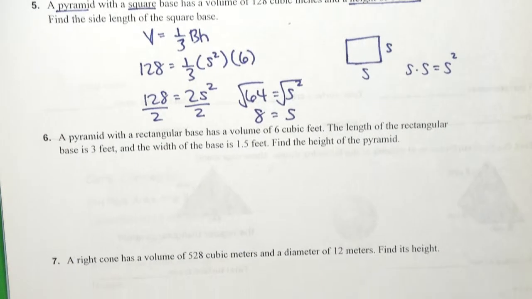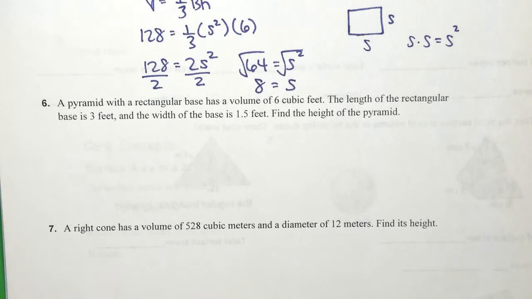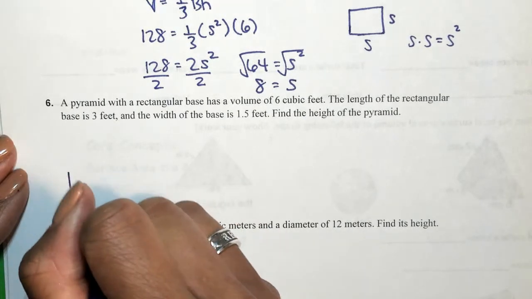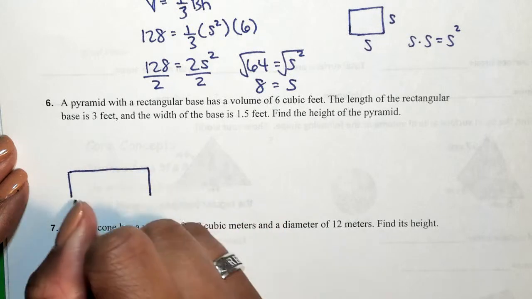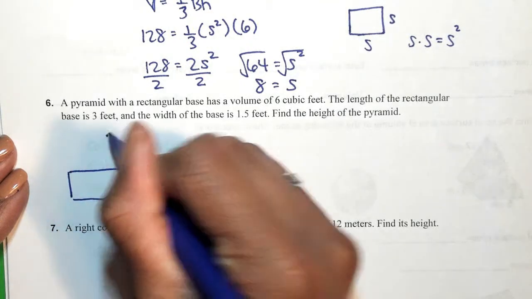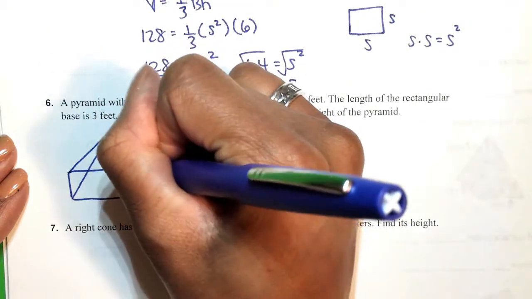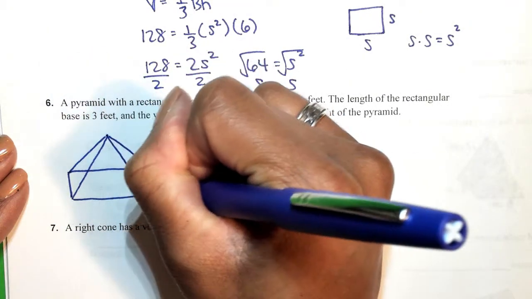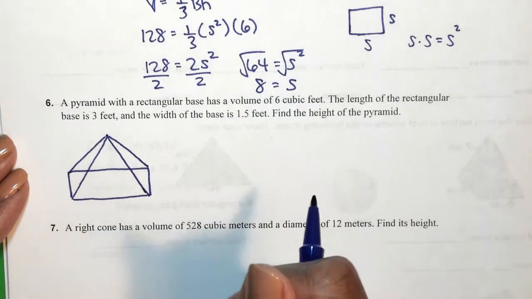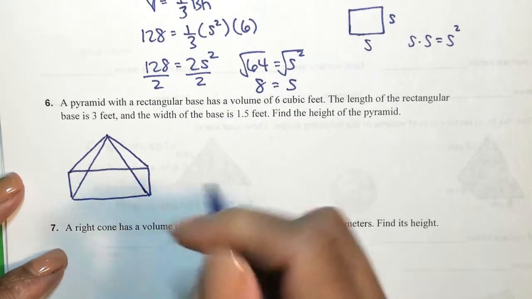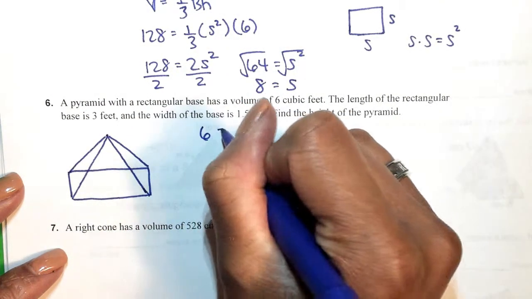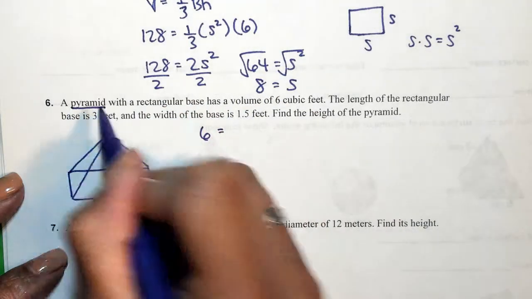For number 6, we have a pyramid with a rectangular base that has a volume of 6. So I'm going to draw a picture for this one. You're more than welcome to draw a picture for each one. It is not necessary, but it does help give the visual learner what they're looking at. So we have the volume of 6, and we're still talking about a pyramid.